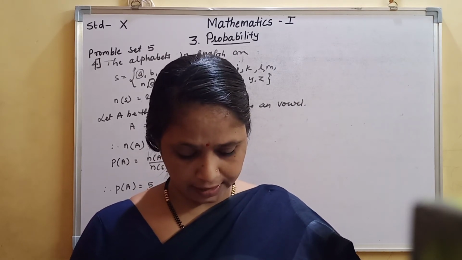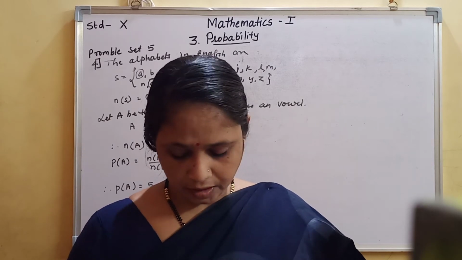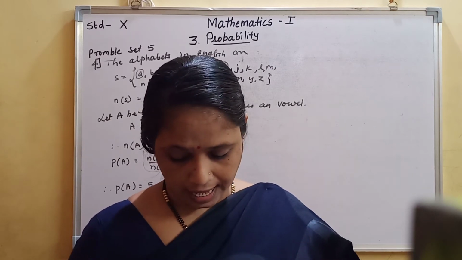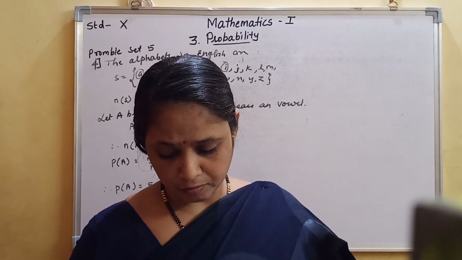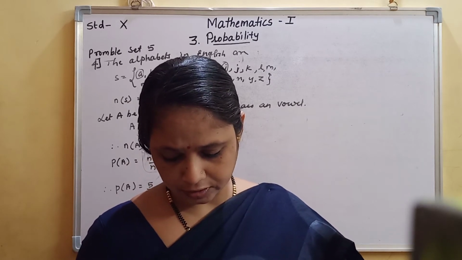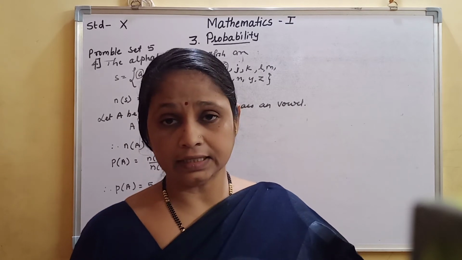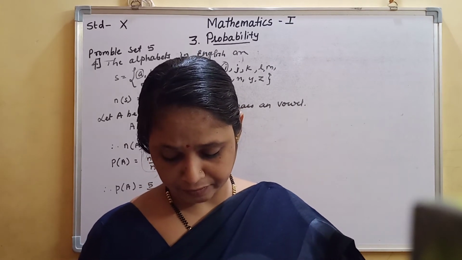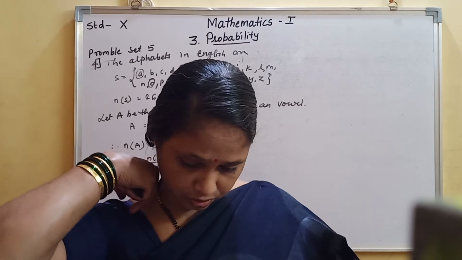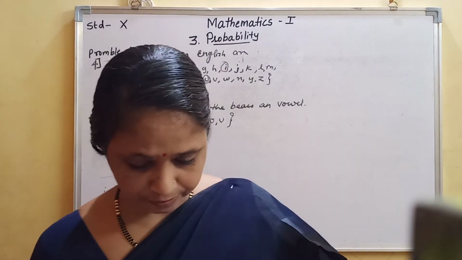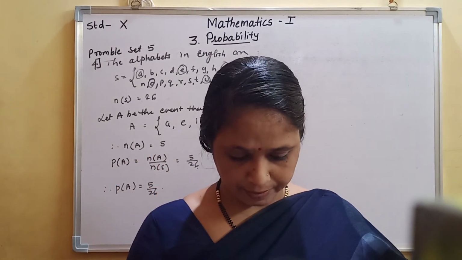Question number 5 is a card is drawn at random from a pack of well-shuffled 52 playing cards.